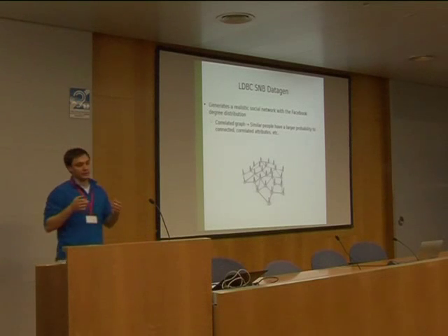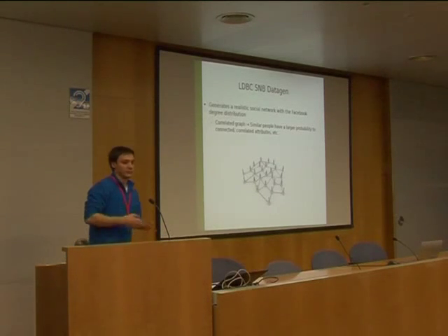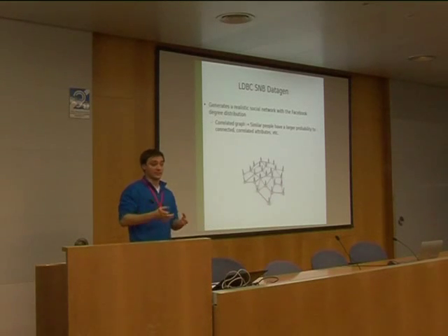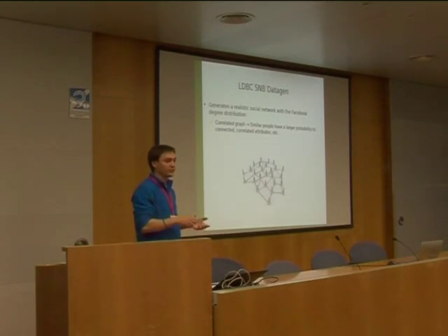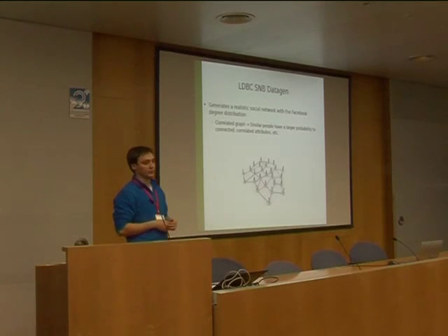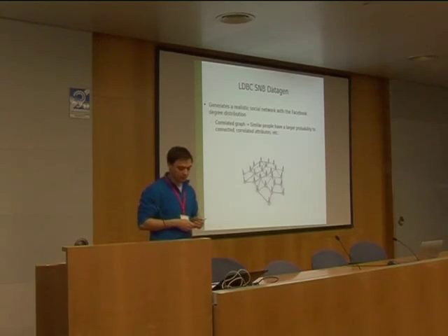This means that attributes are correlated. For instance, people from a certain country have a larger probability of having certain names. But the edges are also correlated, so similar people have a higher probability of having an edge, or of being friends. This is commonly known as the homophily principle in the social sciences.